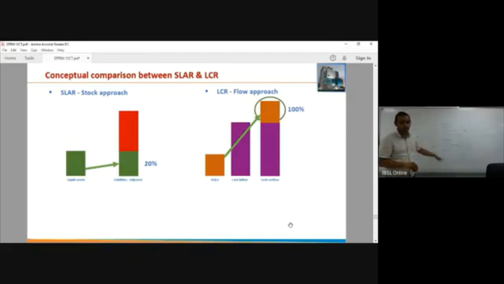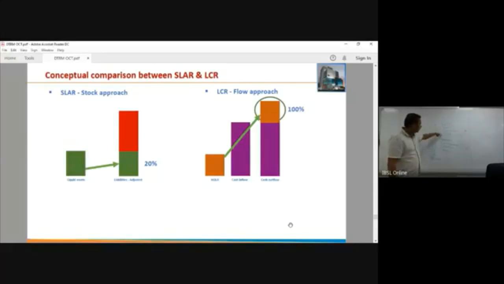I don't want to make this too complicated, so simply, this is how it happens. Let's say you computed your outflow, and your outflow is 1,100. For a bank, generally outflows are more than inflows because of the maturity mismatch. Your loan disbursements are in big amounts, and loan repayments are small amounts.